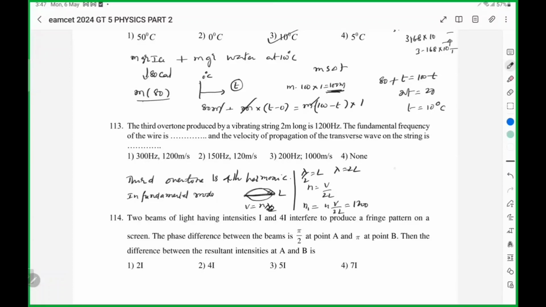So velocity of propagation of wave, 2 into v by l is 2, which is 1200. That is velocity of sound is 1200. Fundamental frequency will be 1200 by 2 into L, 300 Hz.